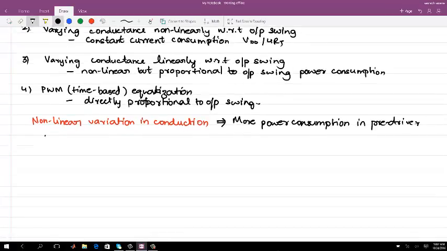So let's say these are the bits which I want to transmit.